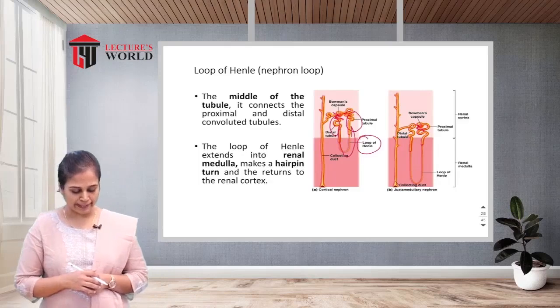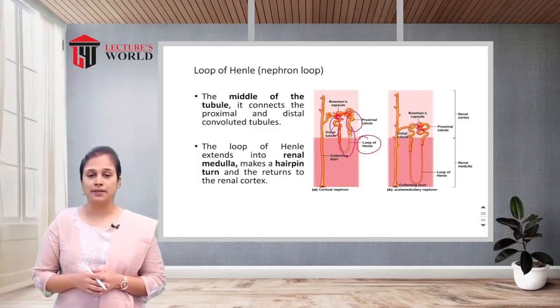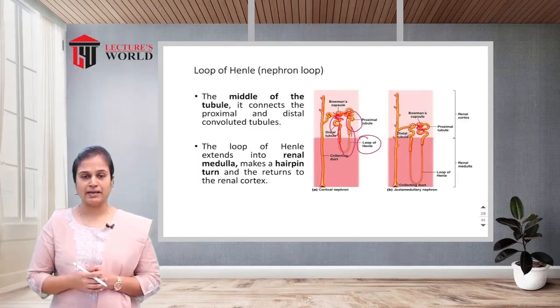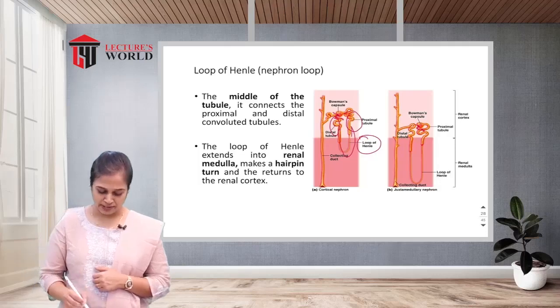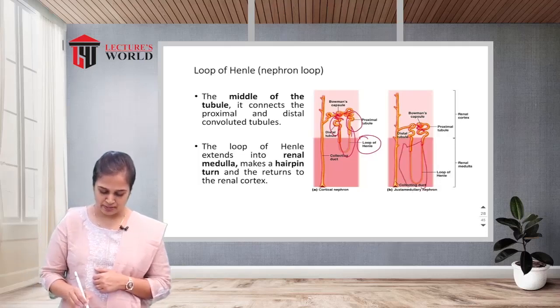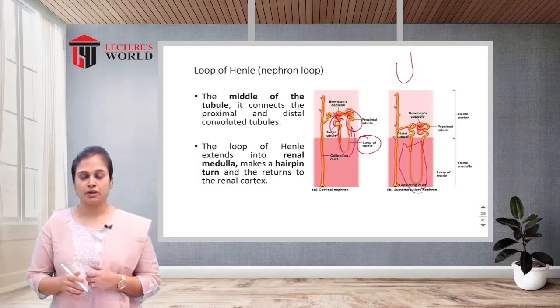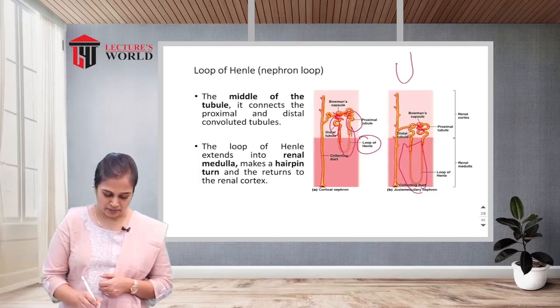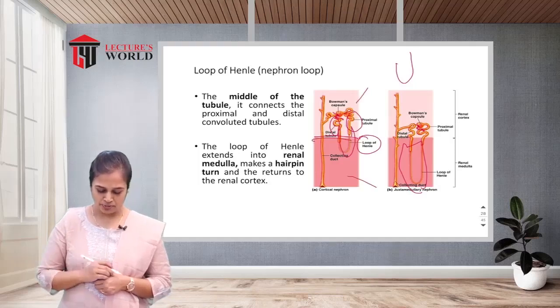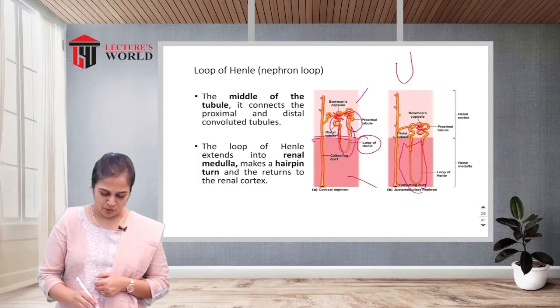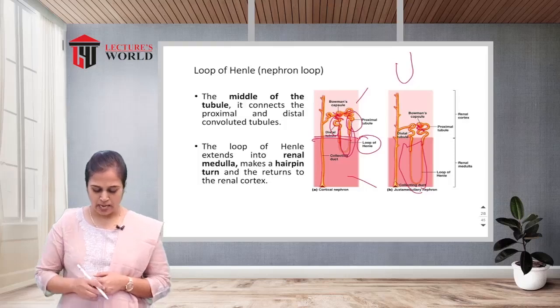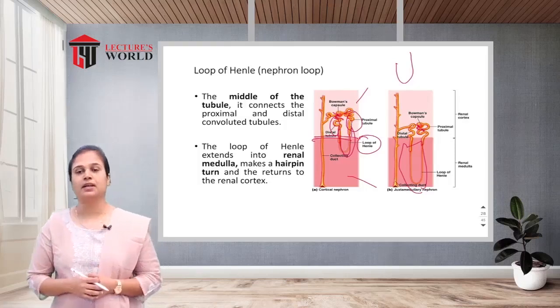The loop of Henle extends into the renal medulla and makes a hairpin turn, and returns to the renal cortex. This is the cortex and this is the medulla.